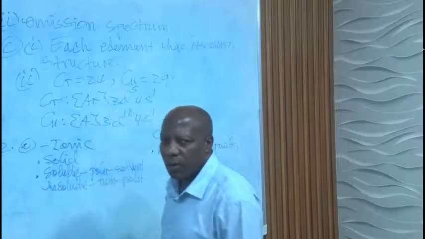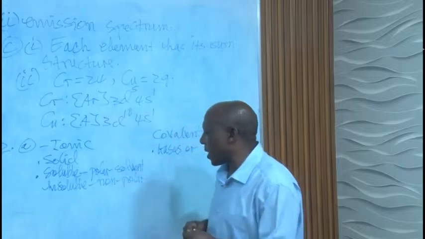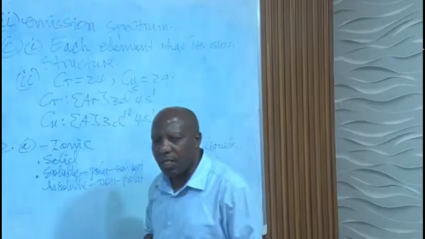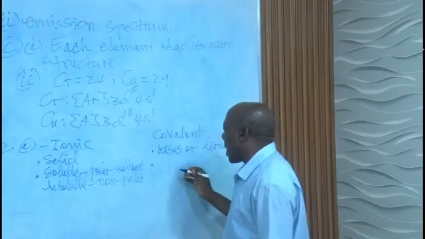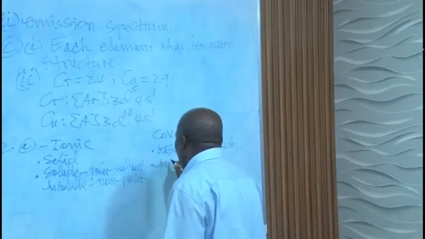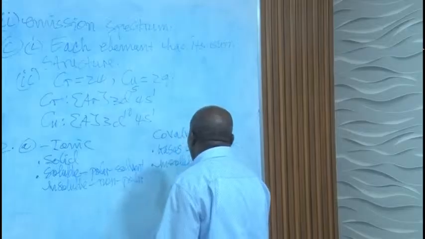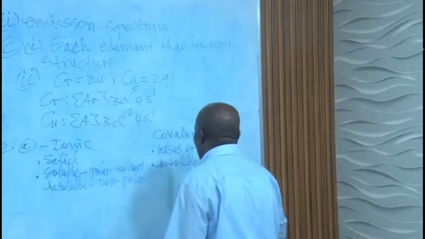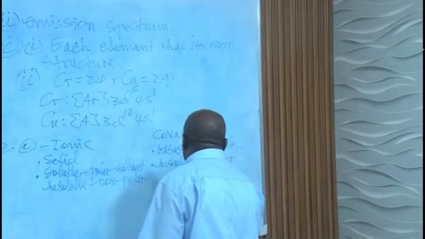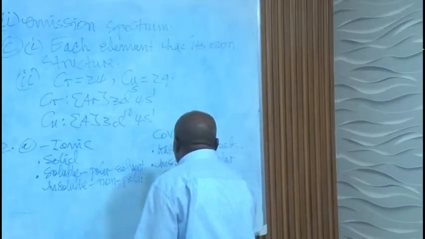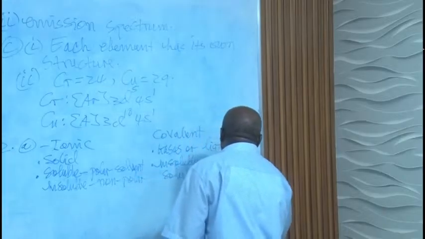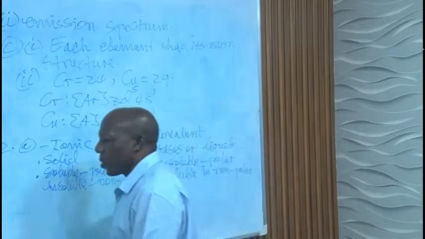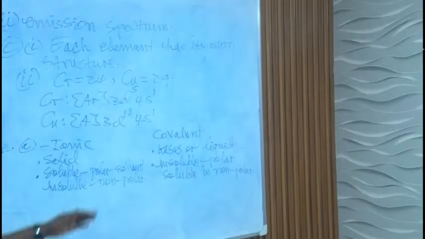Polar solvents are like water, and non-polar solvents are like kerosene, petrol, diesel, etc. But covalent compounds are insoluble in polar solvents, while they are soluble in non-polar solvents. So this is another difference between ionic compounds and covalent compounds.